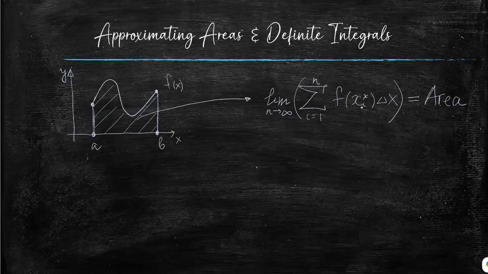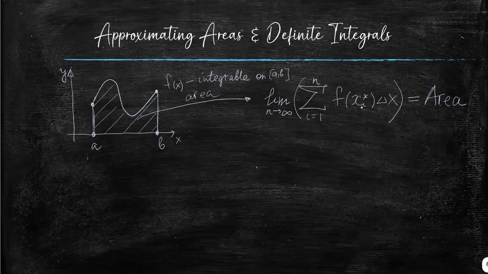And furthermore, when the area that we're looking for can be found using the limit of a Riemann sum, we call this function integrable. Not just integrable, but integrable on the interval from a to b.